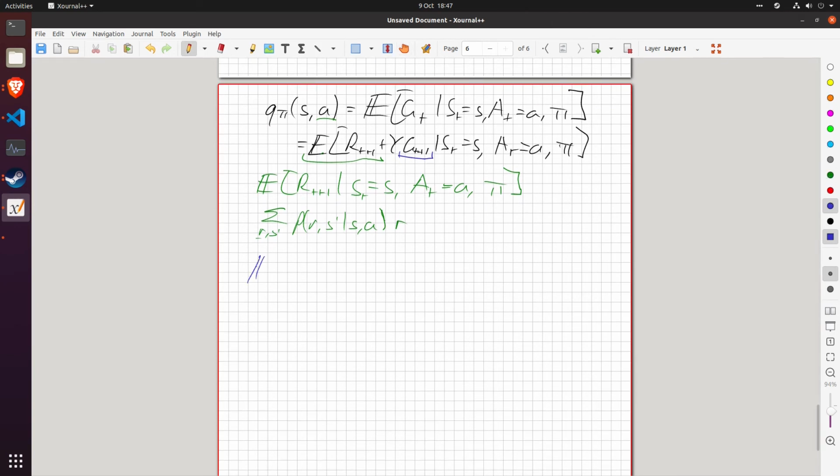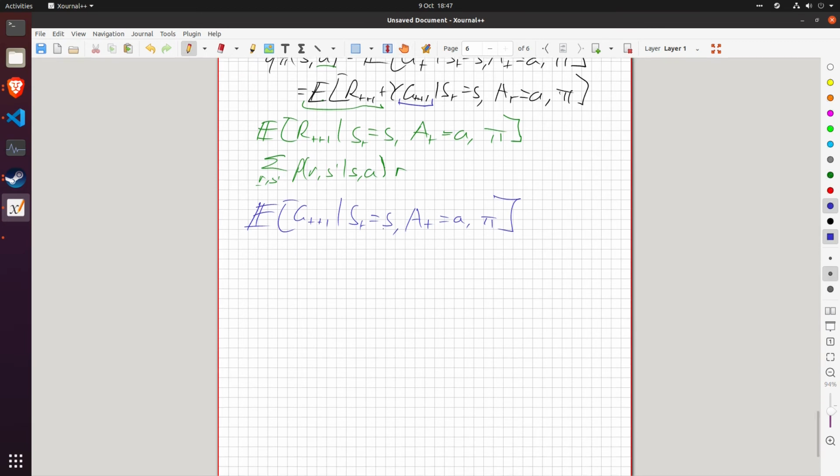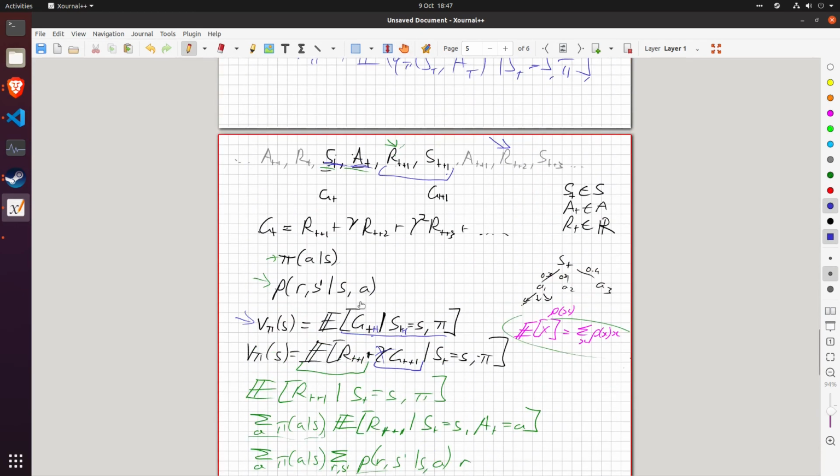So that's the expectation value. We'll skip the gamma. We'll put the gamma back in. The return at time t plus 1, given we know that the state at time t is S, given that we know that the action at time t is A, and given our pi, our policy. And again, the first step is to do this expansion, the expansion that gets us from, we've pinned this down, we need to pin these two now.